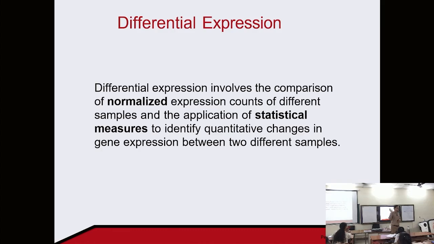Then you test, and if the null hypothesis is rejected, then the fold change, or whatever metric you are using, is significant. Because the null hypothesis is that both transcript abundances are equal, if you reject it, it means they are not equal and the difference is significant.